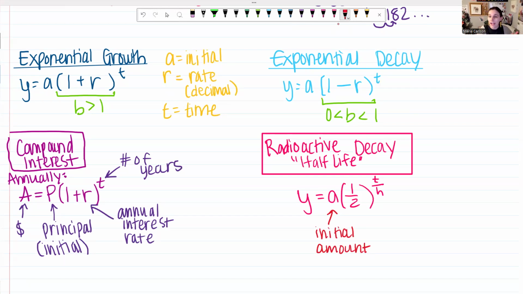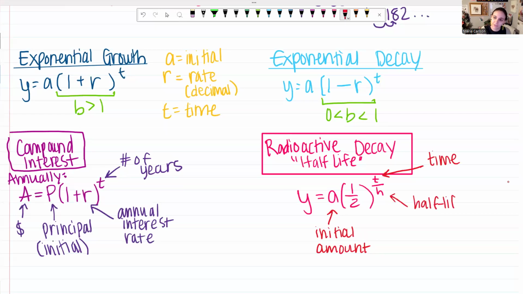And then the 1/2, that is, we're dividing in half, right? The amount that we have is dividing in half. And now the exponent, t, is the amount of time that has passed over h, which is the half-life.